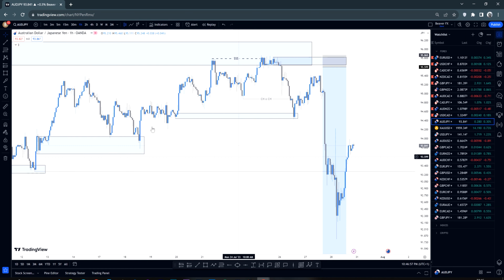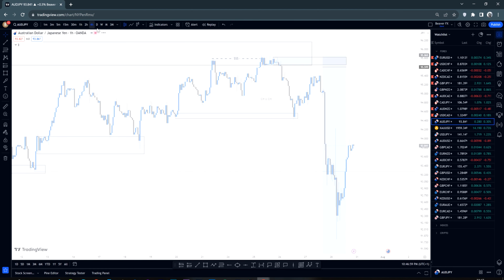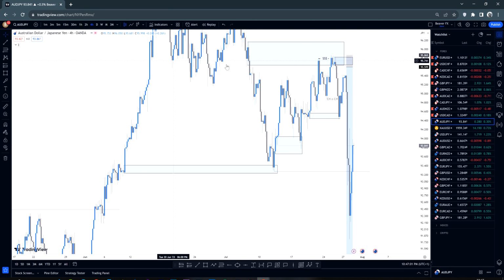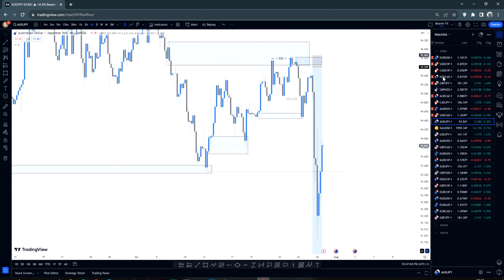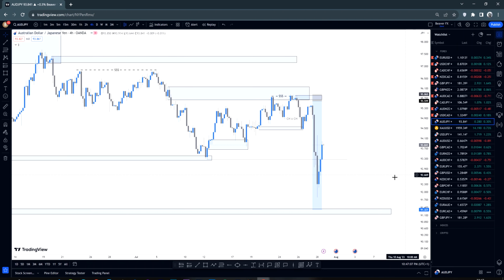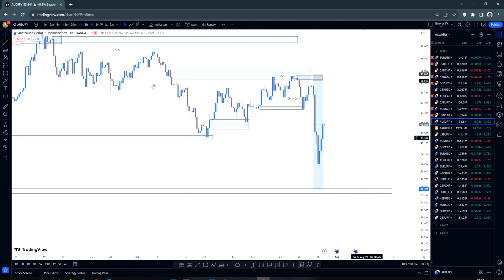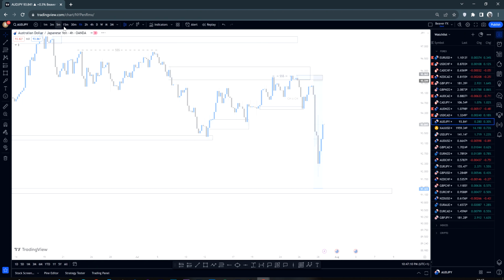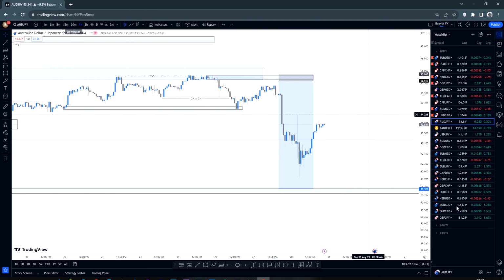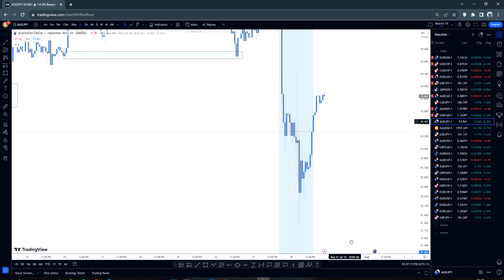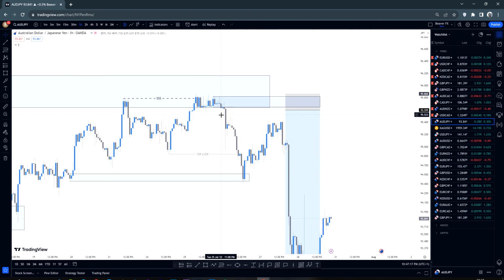Something similar also. My zone was not reached, it just went all the way down, so smooth. But let's check on the lower time frame. Is it possible I've taken that trade around there? We had a sharp movement, gaps around there.